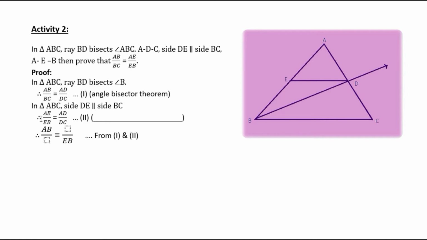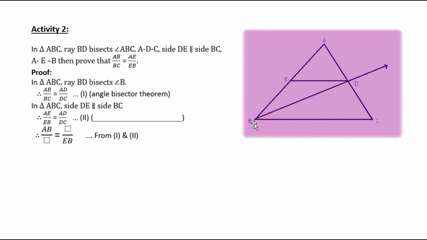So in triangle ABC, ray BD bisects angle B. See ABC, BD bisects this angle, which is given. So according to the angle bisector theorem, AB upon BC is equal to AD upon DC.